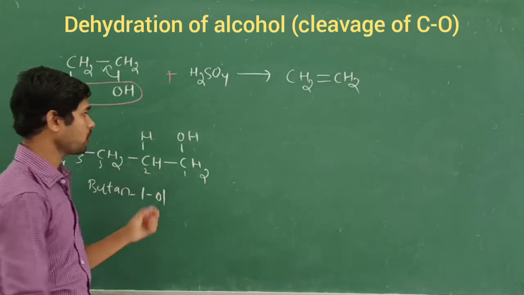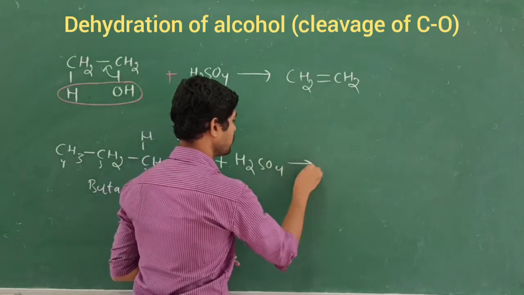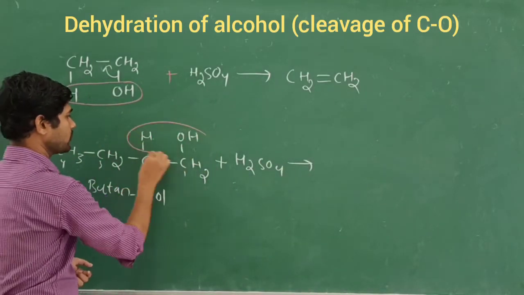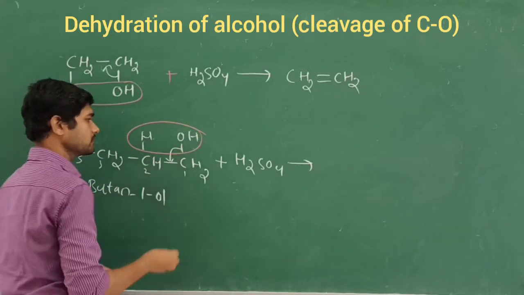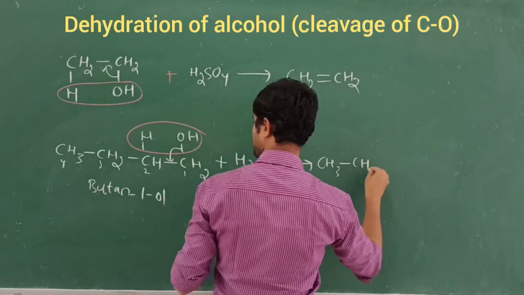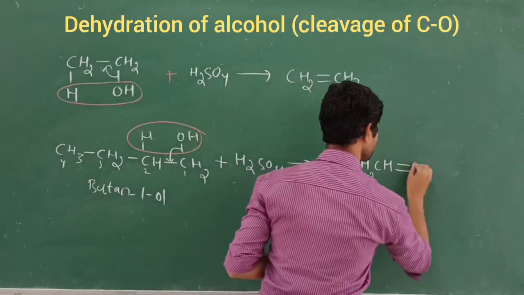This is called an alcohol. When it is treated with H2SO4, the dehydrating agent, in order to get the removal of the water molecules, like this. After this removal of water molecules, this bond migrates here, and it becomes the alkene compound, that is CH3CH2CH double bond CH2.